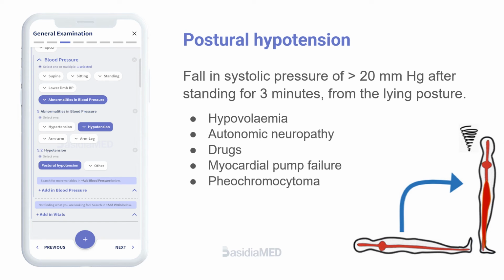Causes include hypovolemia, autonomic neuropathy, ganglion blocking agents, centrally acting antihypertensives, myocardial pump failure, and pheochromocytoma.